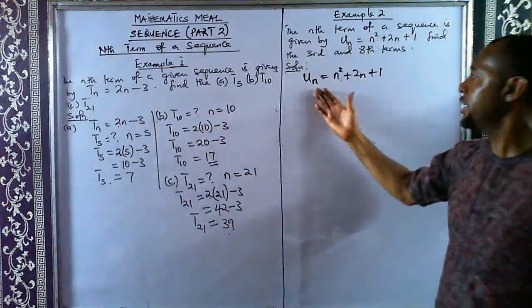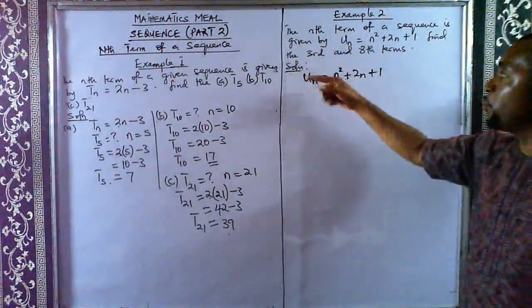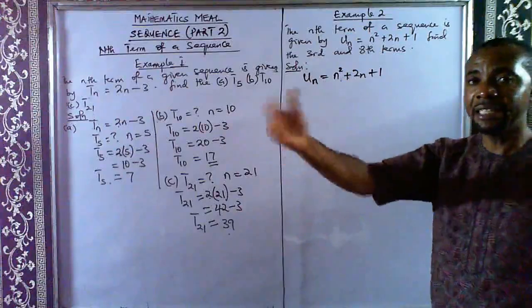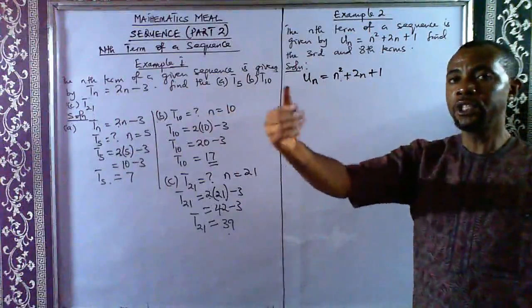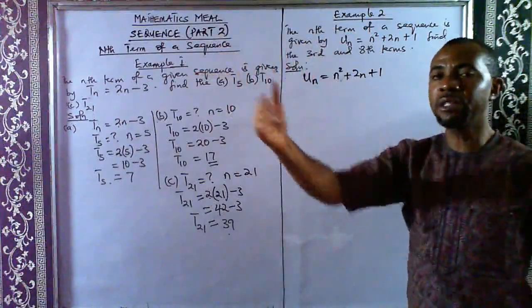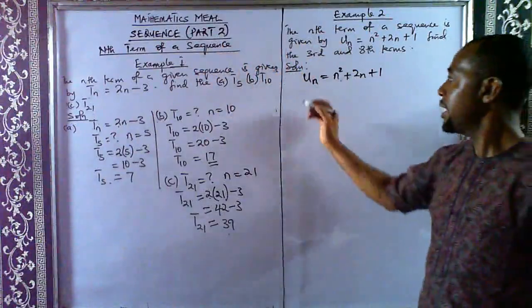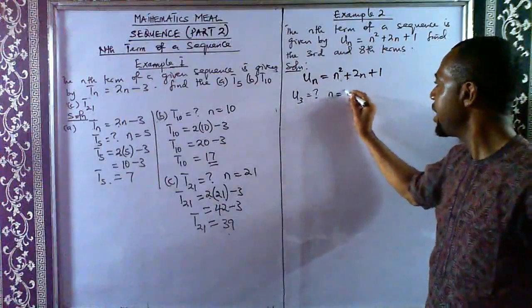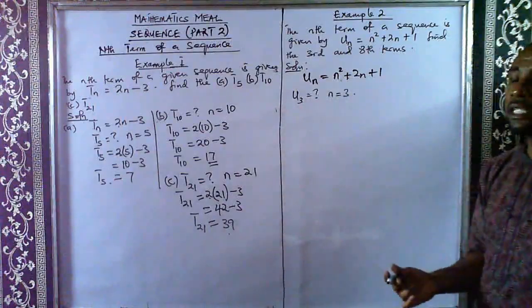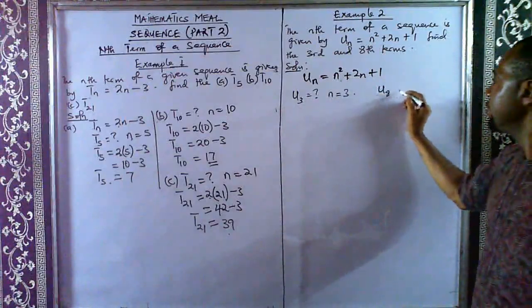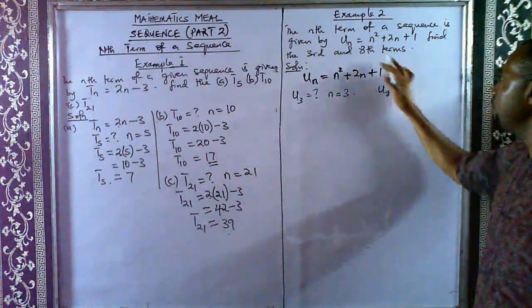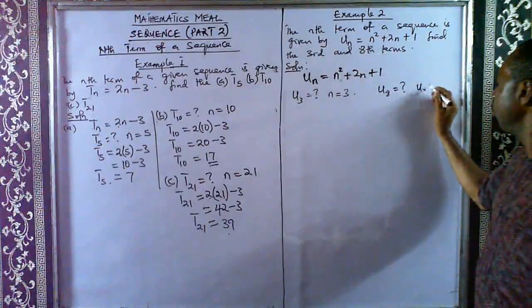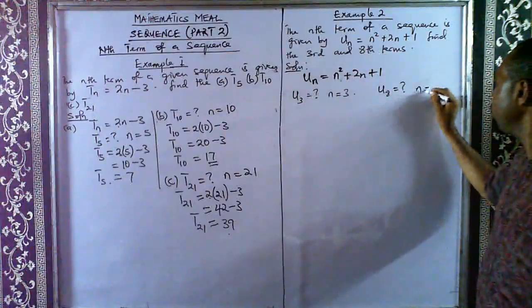We are asked to find the third term. The third term will be when n is 3, because the third term occupies position 3. So the third term, which is U3, will be when n is 3. Then the 8th term will be when n is equal to 8.